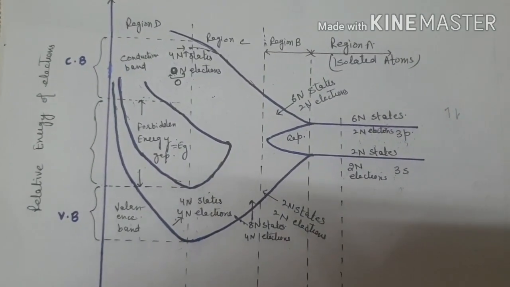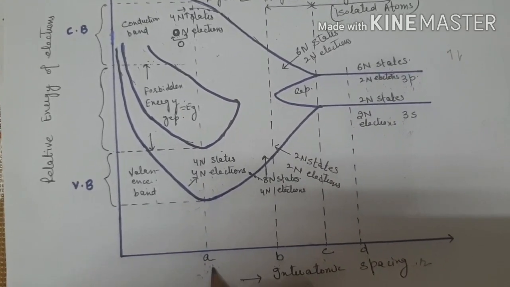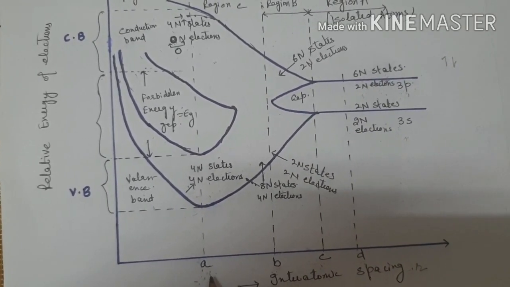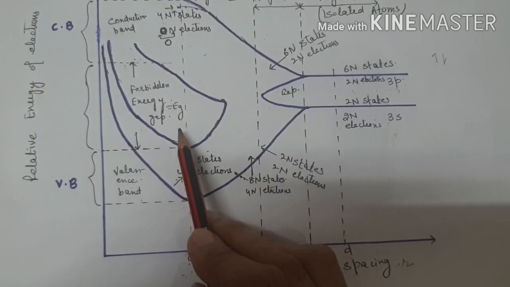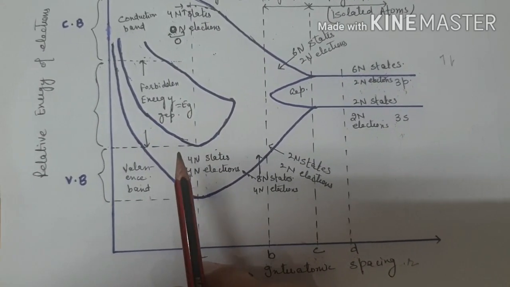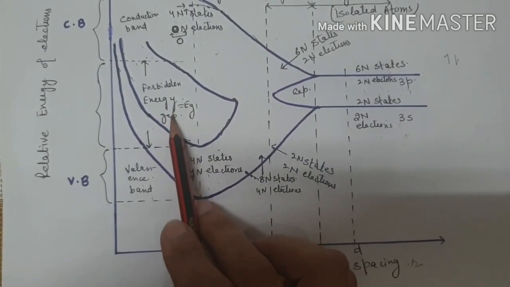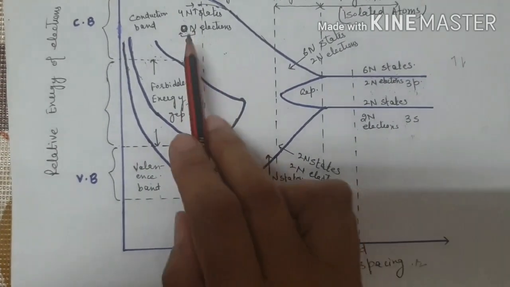Then at R is equal to A, the band of filled energy levels gets separated from the band of empty energy levels by an energy gap that is called the forbidden energy gap. So filled is separated from the empty.